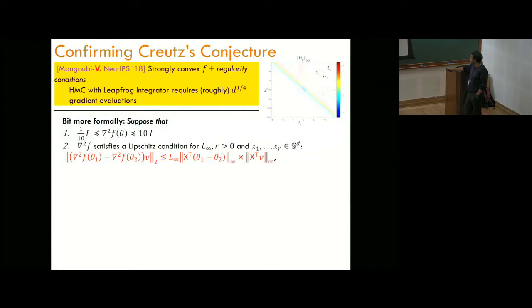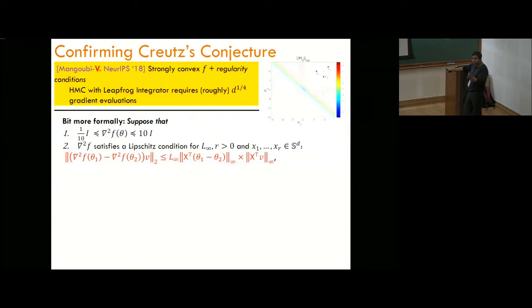So what is this thing anyway? This matrix X corresponds to a D cross R matrix where each column is this vector, so you have organized all the columns. You're looking at the infinity norm of the displacement vector with respect to these directions.